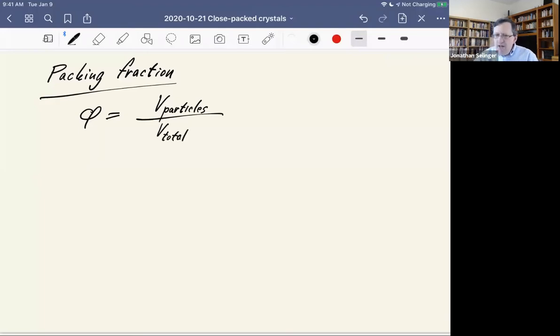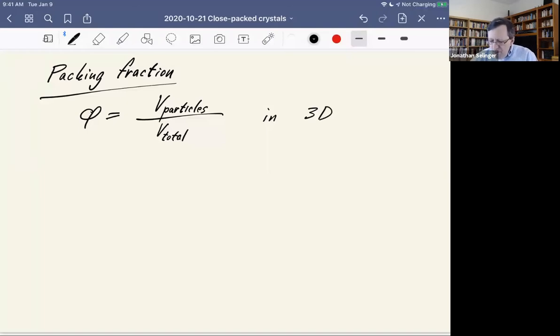So it's the percentage of volume that is being used effectively for spherical particles, as opposed to the percentage of volume that is being wasted in empty space between the particles. Right. So that's in 3 dimensions. For 2 dimensions, it's a ratio of areas.